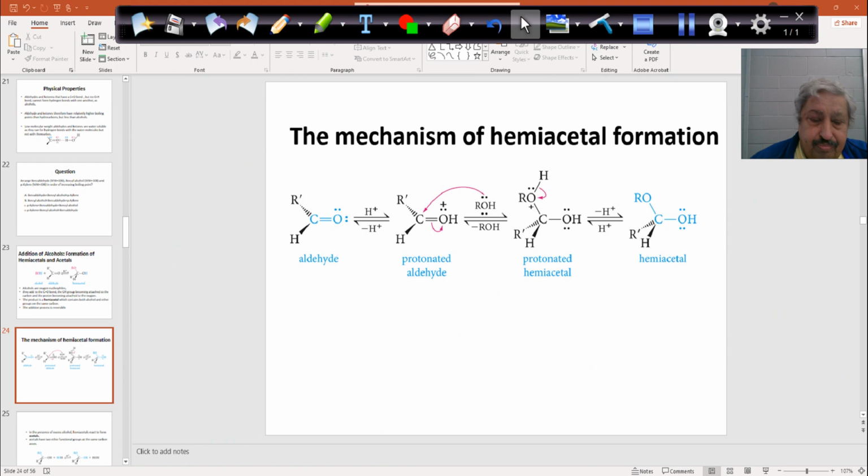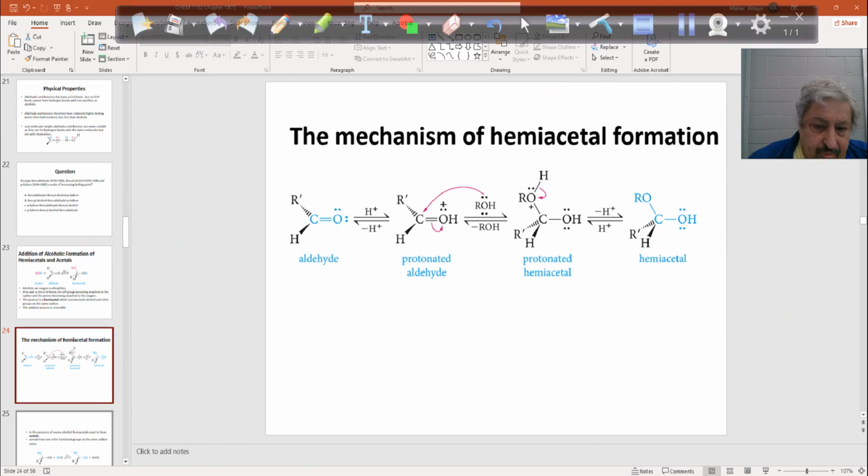Okay, guys, so that's the mechanism of the hemiacetal. As I said, I'm not going into this, but it's always about the nucleophile of the alcohol, from oxygen, that will come and attack the partially positive carbon.